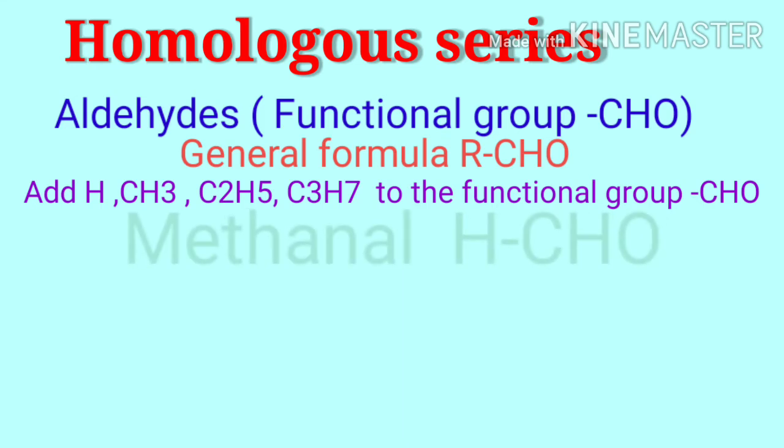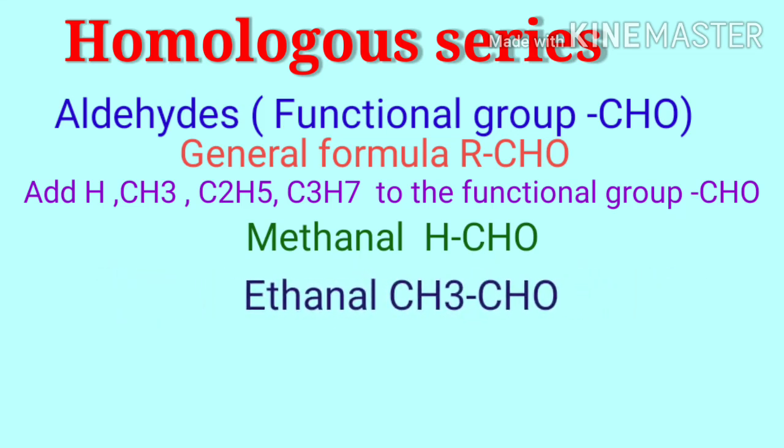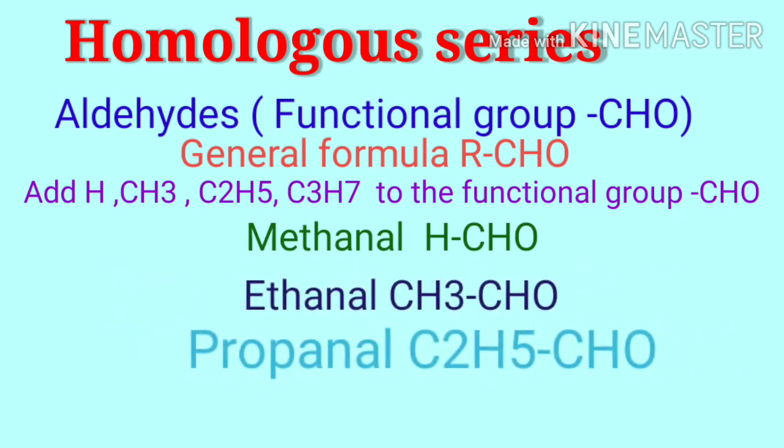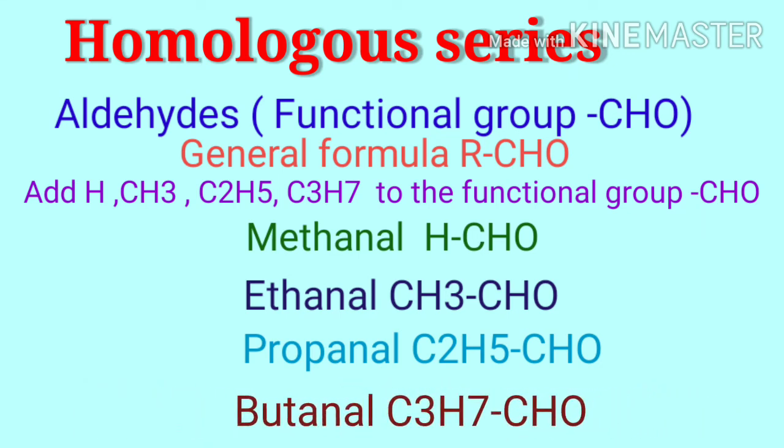So first member methanal HCHO, ethanal CH3CHO, propanal C2H5CHO, butanal C3H7CHO. So the first four members of aldehyde series are methanal, ethanal, propanal and butanal.